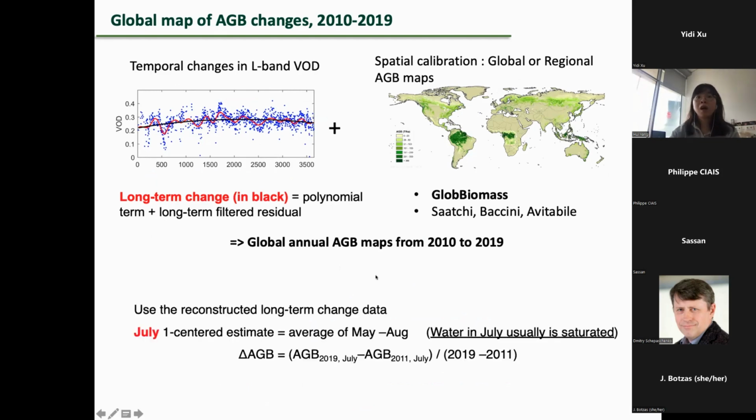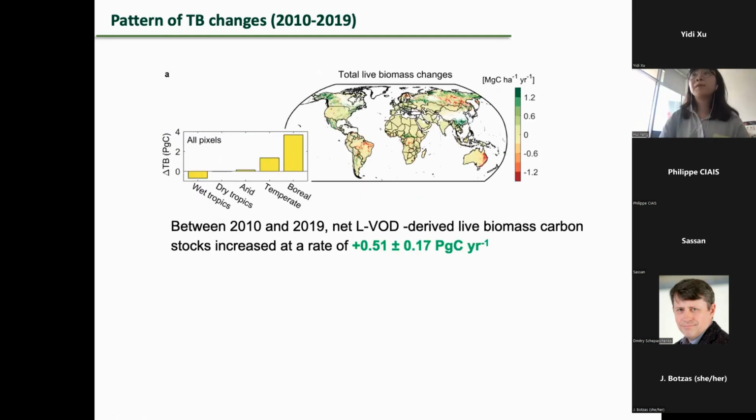In this work, we only keep the signal of the long-term changes to remove the water content effect. We also calculate the annual value using only the LVOD in wet seasons, because we think the water content in the wet season is saturated. So the year-to-year changes in VOD mainly reflect the biomass change rather than the water content changes. This is the map we finally got.